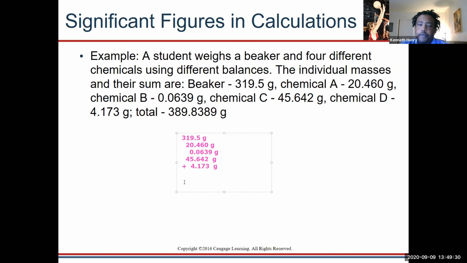Okay, so if we add them up, it's going to equal 389.8389 grams.